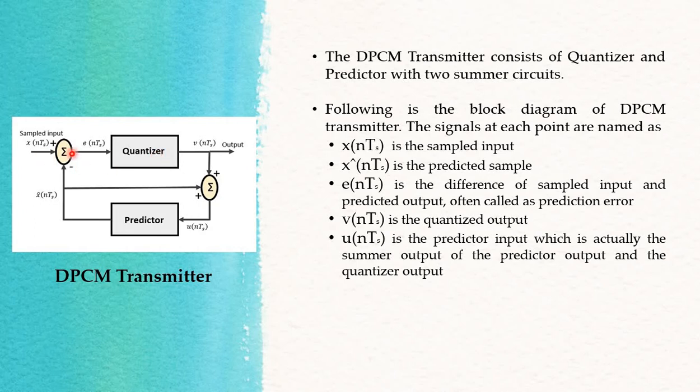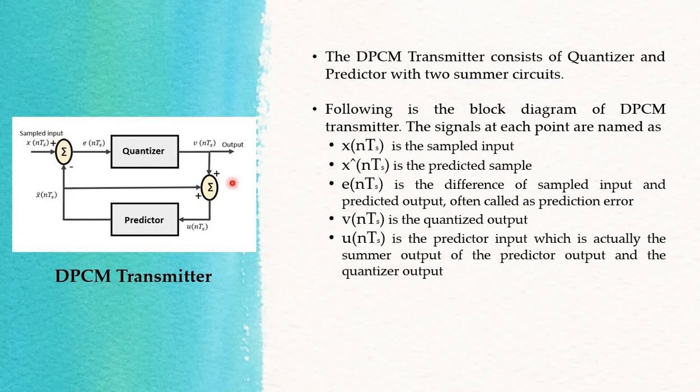But if your current input and the predicted output are not the same, then an error is generated, and that error signal is given to the quantizer, and based on the error signal the quantizer will generate the next output. So this is how the predictor works. It predicts what is going to be your next output. If the predicted output and the actual output are the same, then no quantization takes place and the output remains in the previous condition.